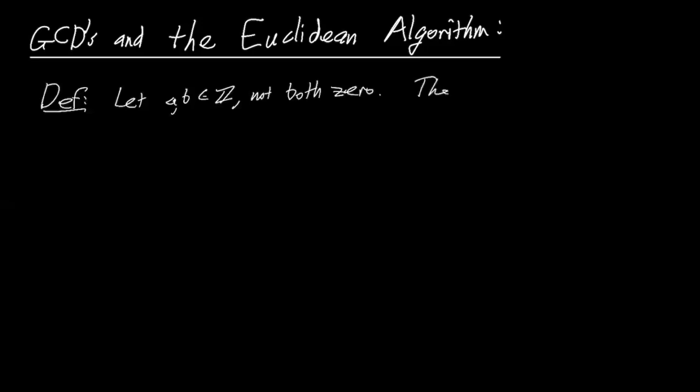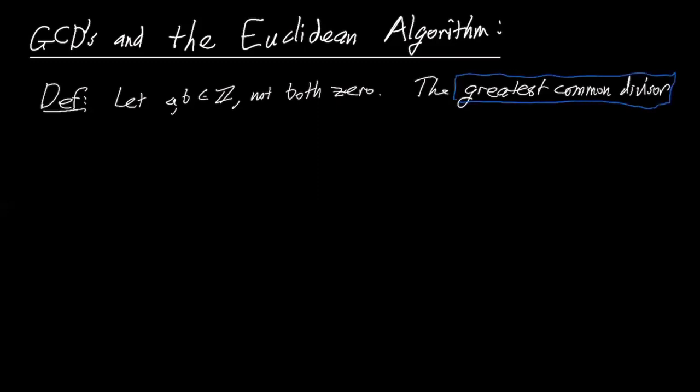The greatest common divisor of A and B is the integer D if the following two things hold.